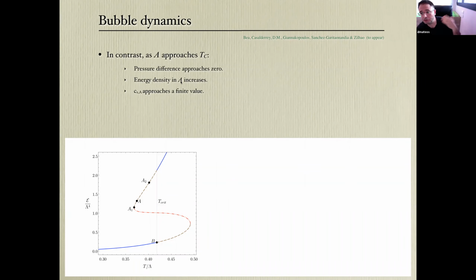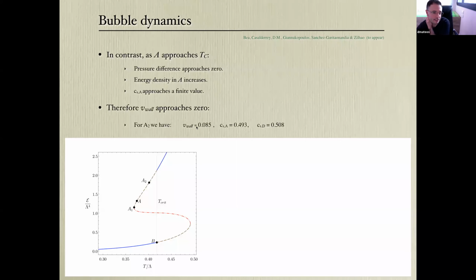The energy density outside grows, so you have less force to move the medium outside, and the speed of sound simply goes to a constant here. So in that limit, what happens is that the wall velocity goes to 0, it becomes very small, and it's subsonic with respect to both A and D, as in here.